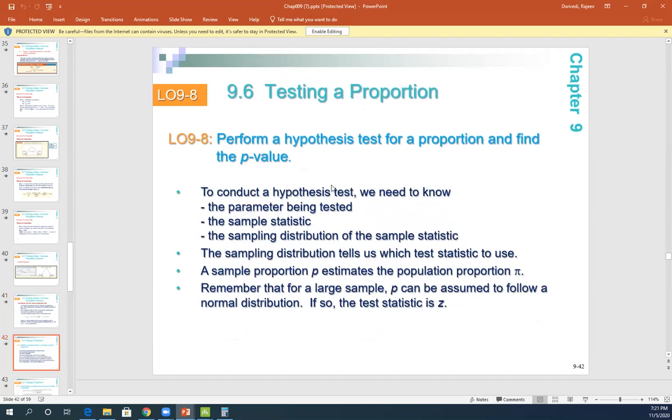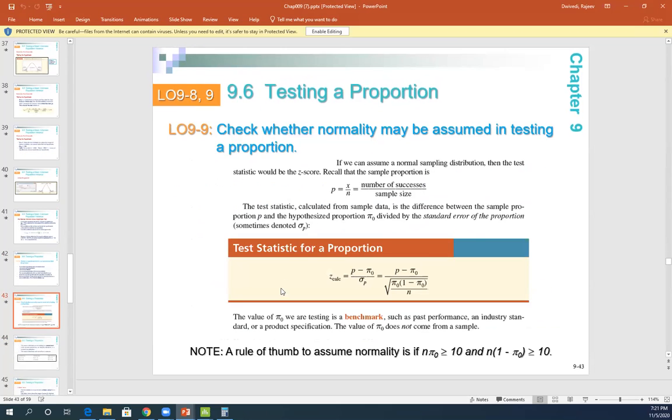basically, all these questions are again based on proportion. A thumb rule is this, always remember n pi must be greater than or equal to 10, and n(1 minus pi) is also greater than or equal to 10, then only you can go for normal approximation.